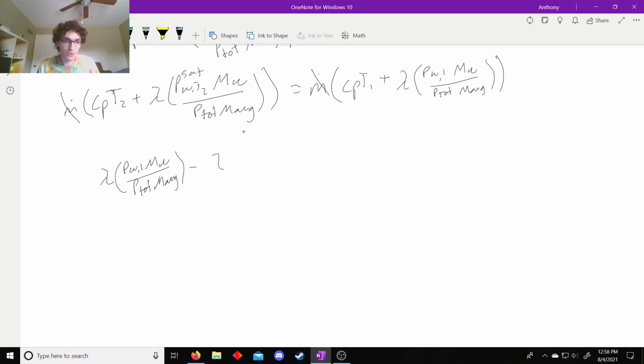And from there we will subtract what is in the enthalpy out. And that is equal to this T2 minus T1.